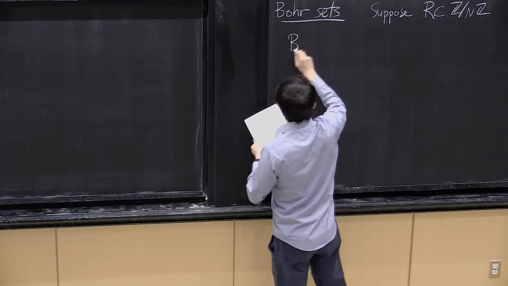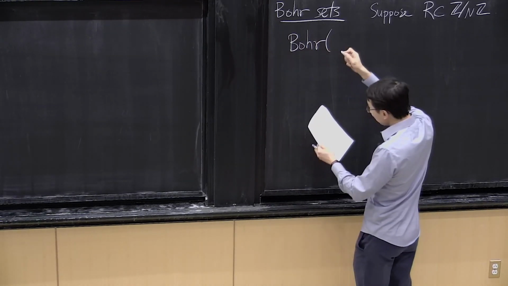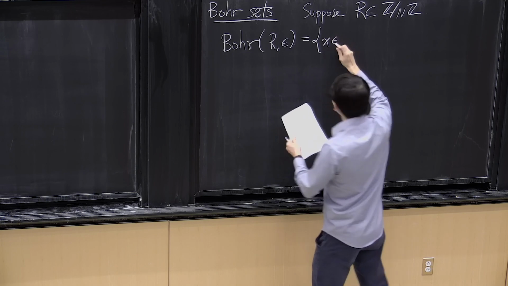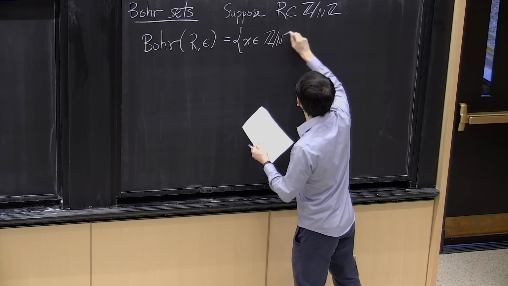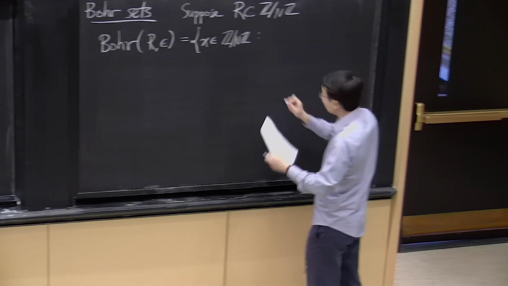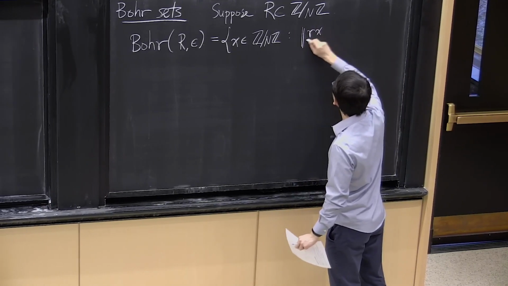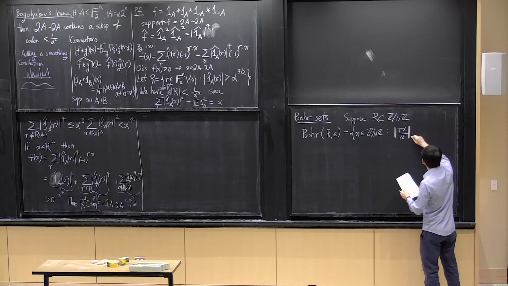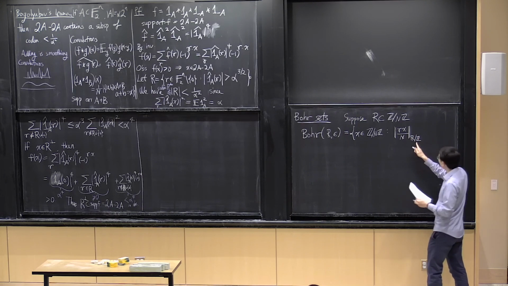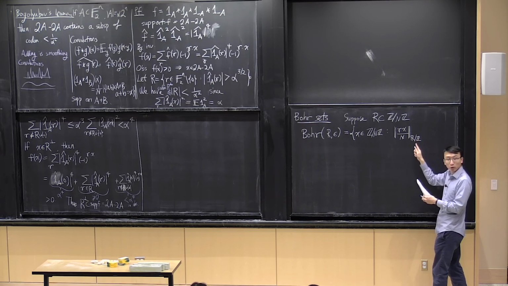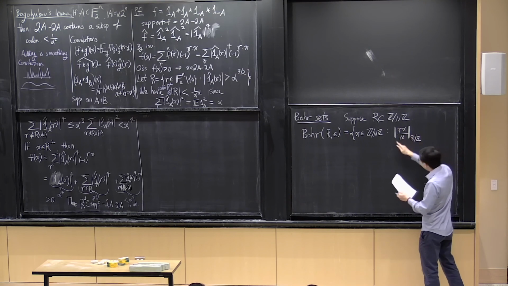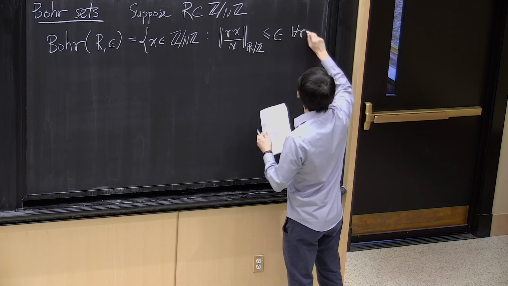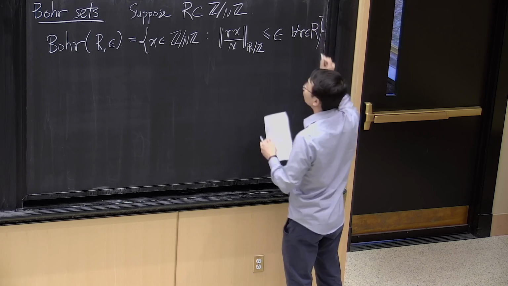We define the Bohr set, denoted Bohr of R and epsilon, to be the subset of Z mod n, including elements x, such that rx over n is pretty close to an integer. Here we're looking at the R mod Z norm, the distance to the closest integer, such that this fraction is very close to an integer for all little r in big R.